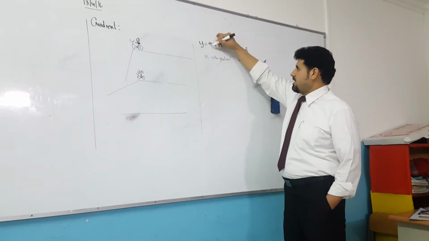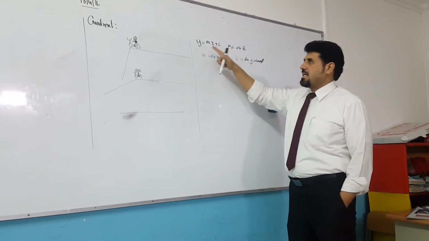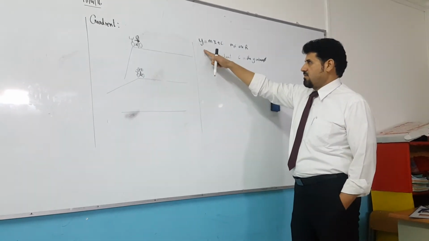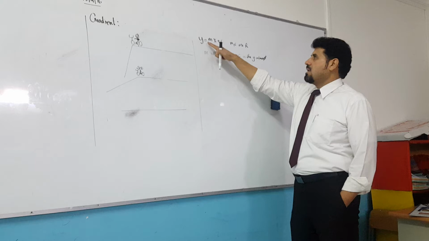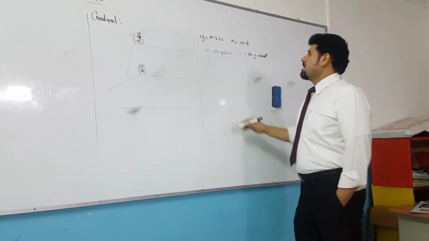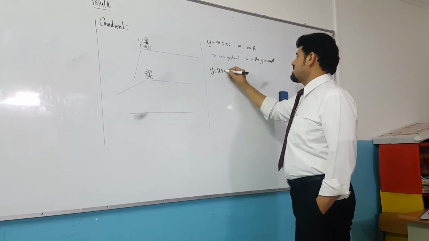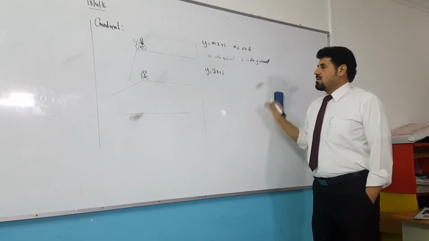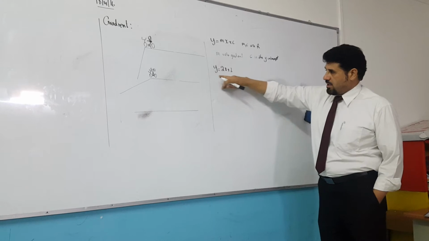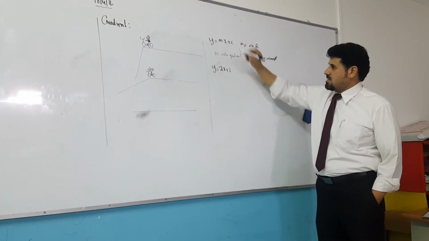So basically the gradient should always be the coefficient of x if the formula is written in standard form. And standard form means it should be y equals mx plus c. Okay? So let's do some examples. y equals 2x plus 3. So the gradient of this, since the equation is in standard form, is simply the coefficient of x, which is similar to m.